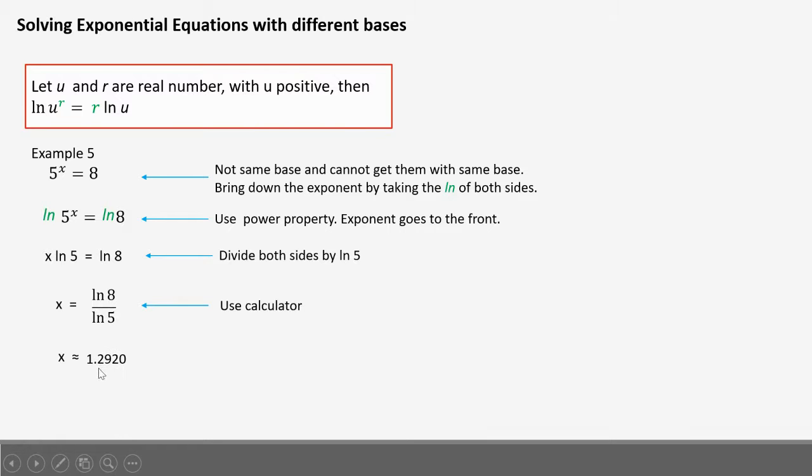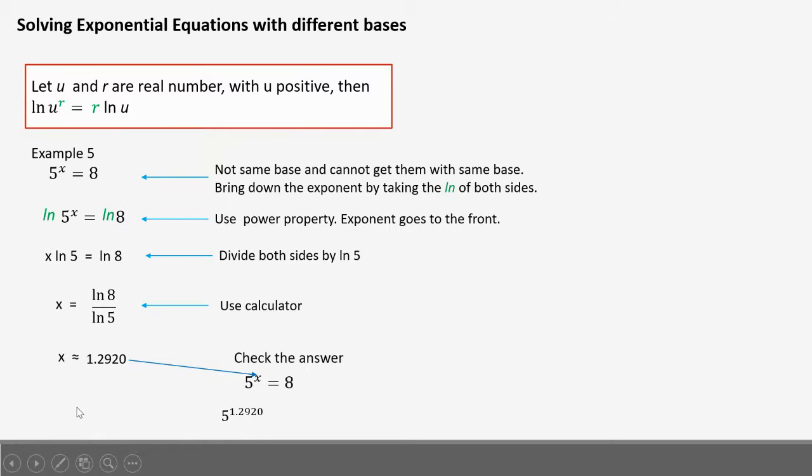Approximately, it'll be 1.2920. Most of the time on your homework, they're going to want you to round off to 4 places with the ln's and also the logarithms. So I rounded to 4 places. You can always check your answers. We have 5 to the x equals 8. I'm going to plug this in where the x is.